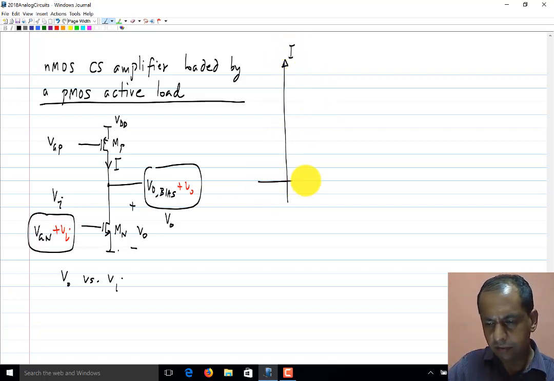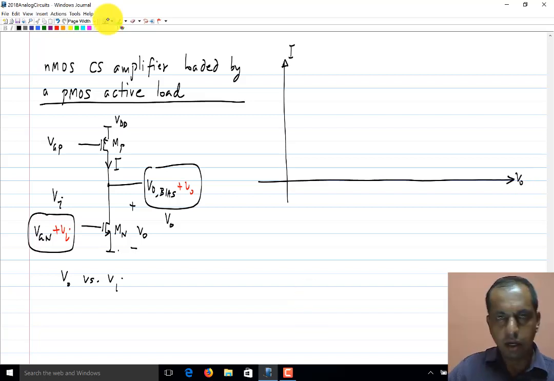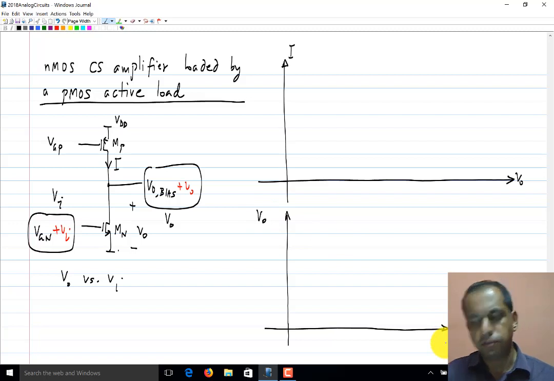So we have the I versus VO axis on which we plot the characteristics of both NMOS and PMOS transistors, and from that we plot VO versus Vi of the entire circuit.